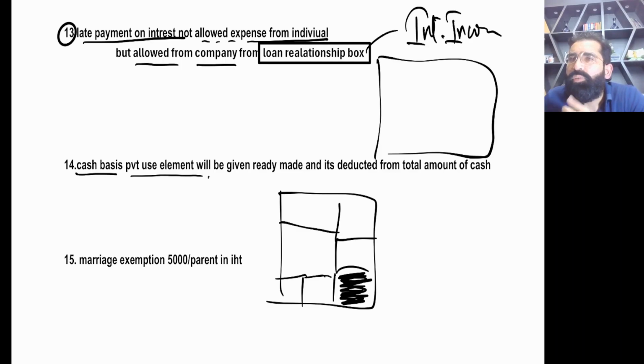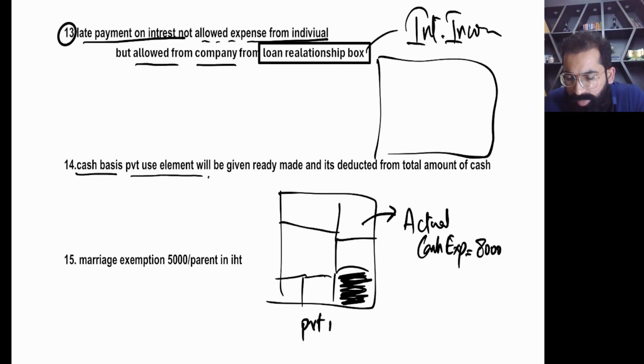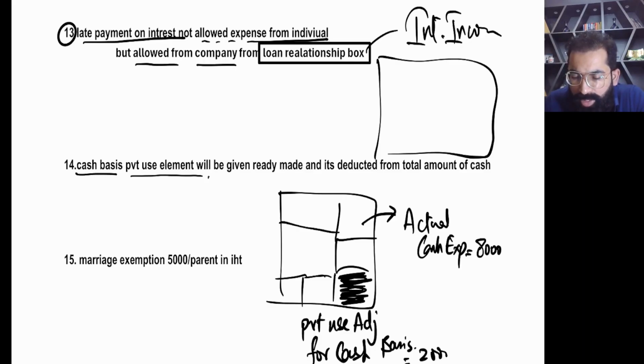Now for cash basis, first of all, they will give you the actual cash expenses. See, this is very important. Actual cash expenses are, let us say, 8,000. And then they will give you the private use adjustment for cash basis, like 2,000 per occupant, and there is only one occupant in this house.